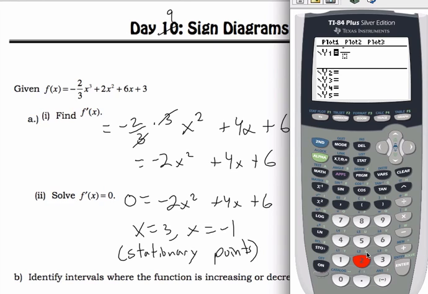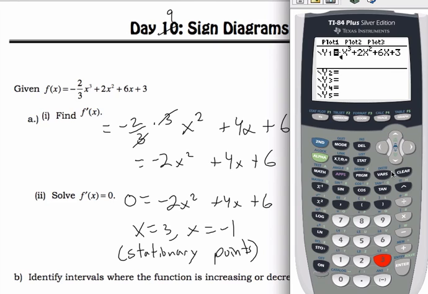So it's negative 2/3 x cubed plus 2x squared plus 6x plus 3.